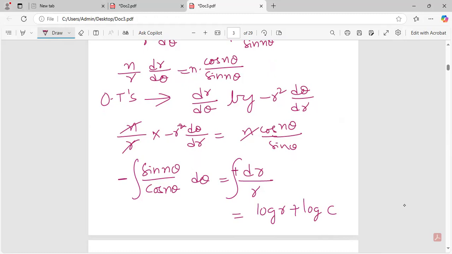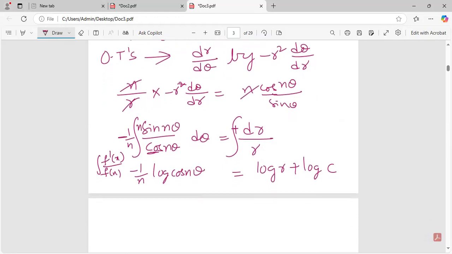The left side is like the integral of f prime of x by f of x, because the cos x derivative is minus sin x. I can insert an n as well, because there will be an n outside. So minus 1 by n log cos n theta on the LHS.